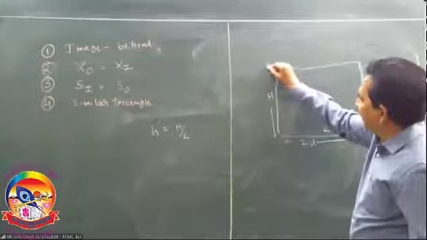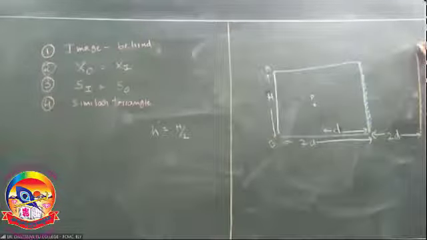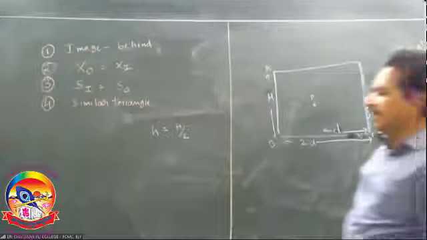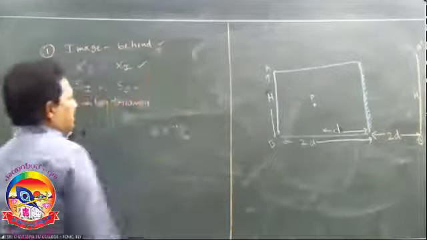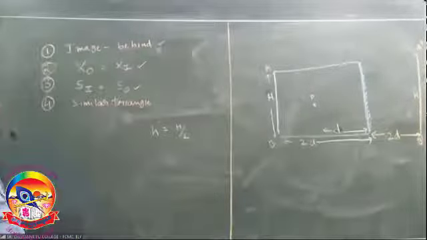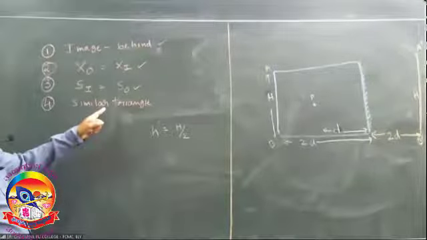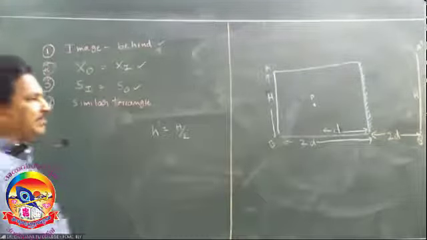Imagine this is AB, the object, and A dash B dash is the image. If we construct the similar triangles, the answer is done in two seconds.